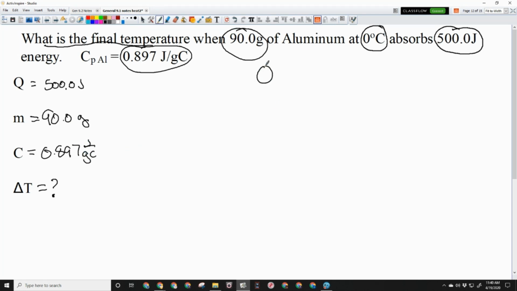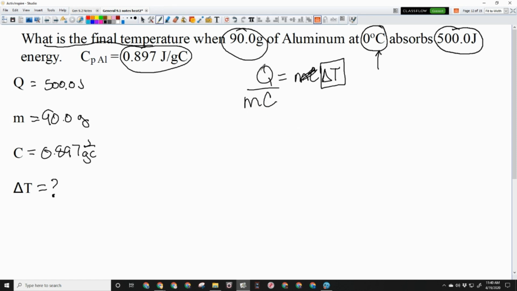All right, so Q is equal to MC delta T. We're solving for final temperature, so we're solving for delta T. We're going to use this 0 degrees Celsius here in just a moment. So we need to get rid of MC, mass, and specific heat. So we're going to divide both sides.